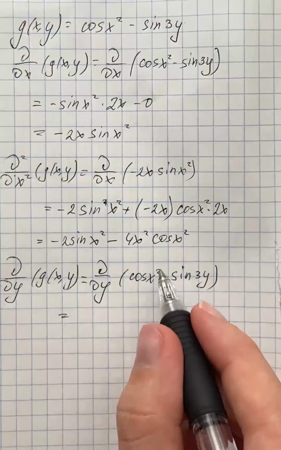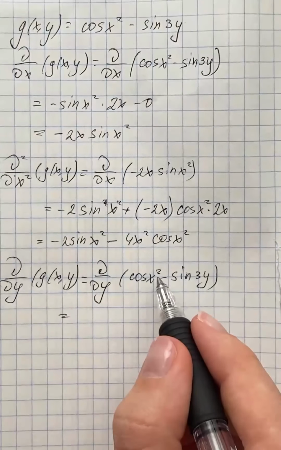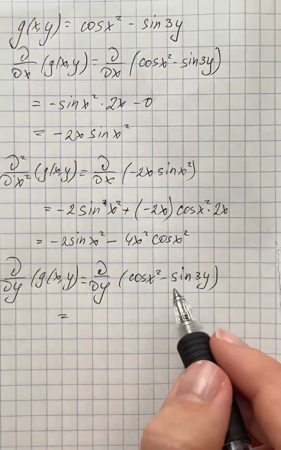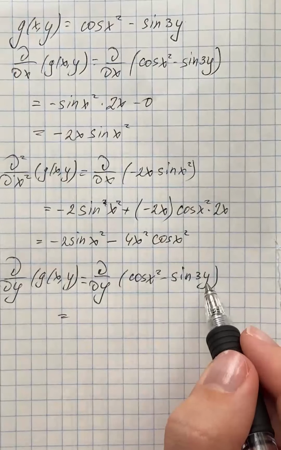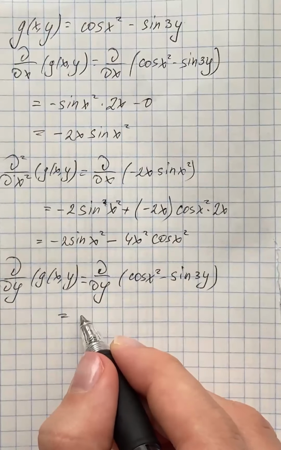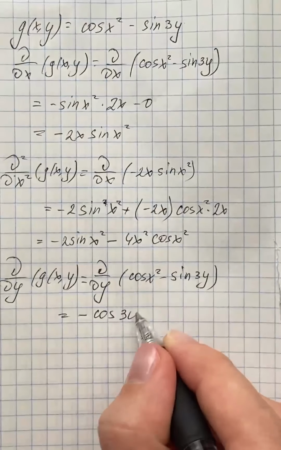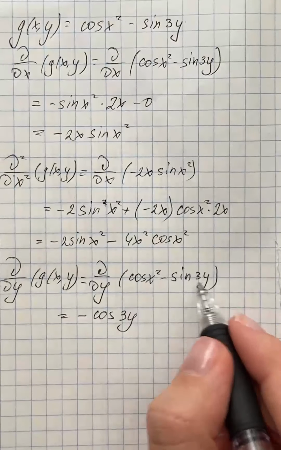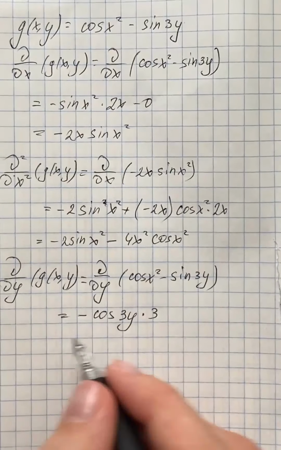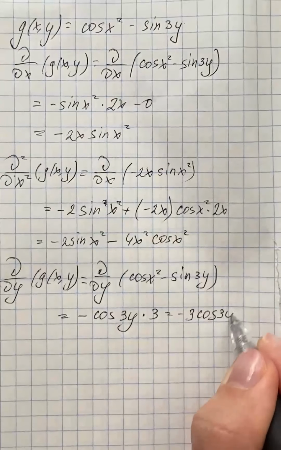So we take x as a constant, so the partial derivative with respect to y of cosine of x squared is 0, and the partial y of sine of 3y is going to be negative cosine of 3y, times the derivative of 3y, which is 3, so that's negative 3 cosine of 3y.